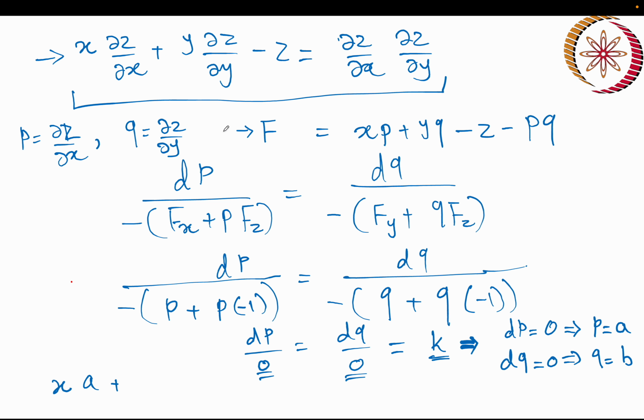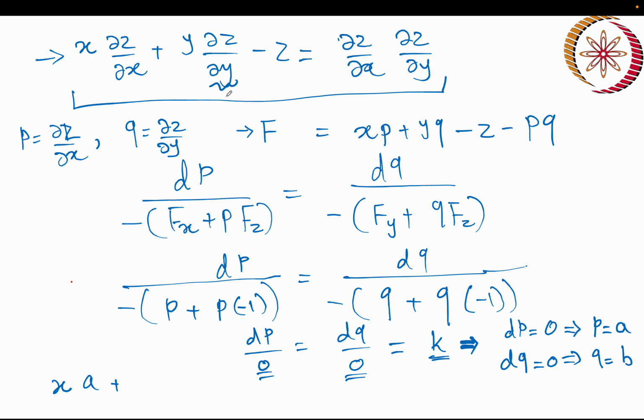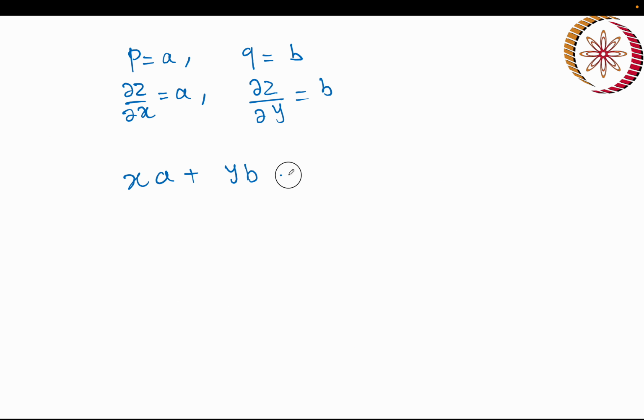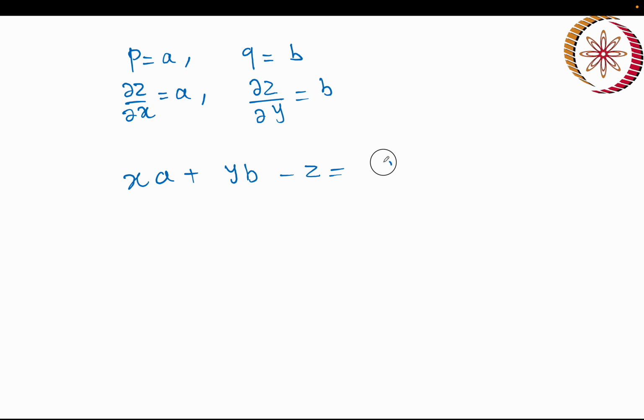Okay, so what we have is p is equal to a, and q is equal to b, and p is nothing but dou z by dou x, which we'll write as a, and q is nothing but dou z by dou y, which is b. If we substitute these values into this equation, we'll get x into a plus y into b minus z is equal to, a and b, so ab.